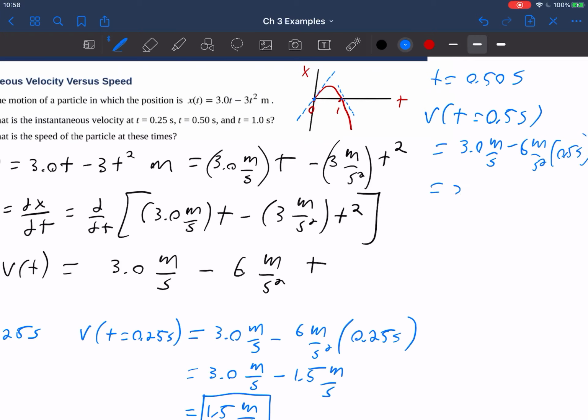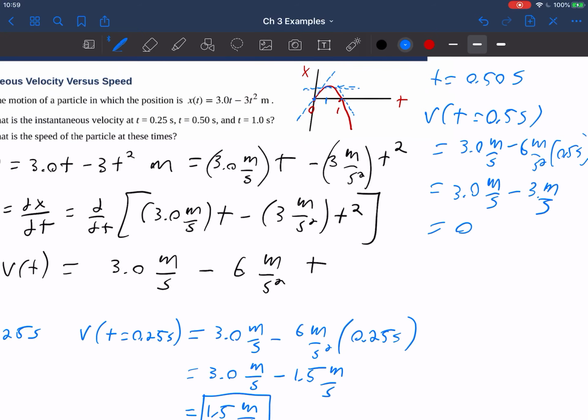So that gives me 3.0 meters per second minus 3 meters per second. And so I end up with the velocity being 0 at that moment in time. And that looks like it kind of makes sense from our plot of position versus time. Right? At time equals 0.5 seconds, that looks like the slope of the tangent line at that location is 0. Right? That's where we're turning around. That's where the velocity is 0.